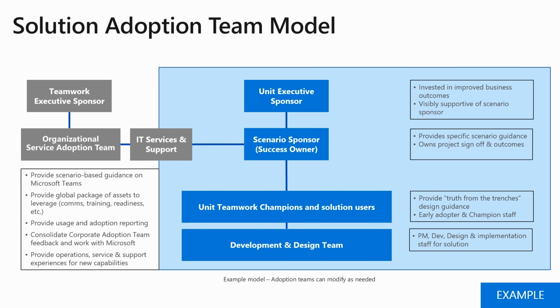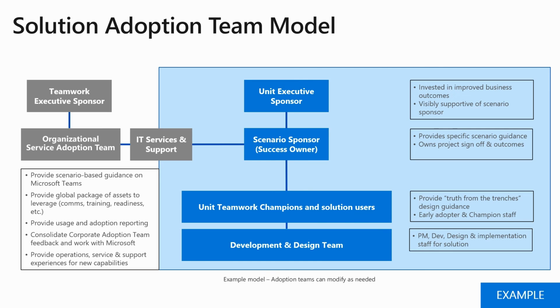And so then you have someone who is the sponsor of that individual scenario. They're the success owner for that scenario. And then you have these unit teamwork champions and people who will use that solution. And they work with the development and design team who is creating that particular scenario for improvement.